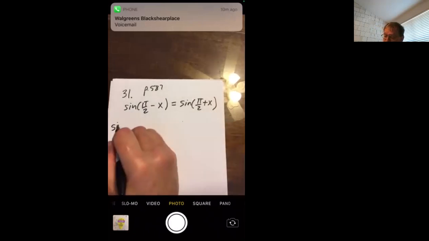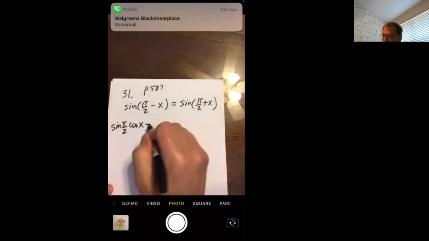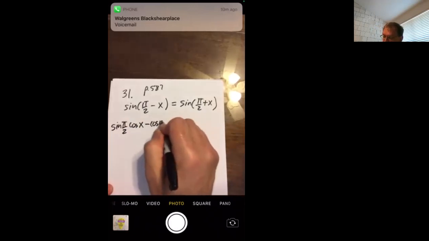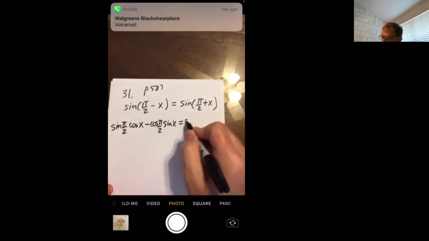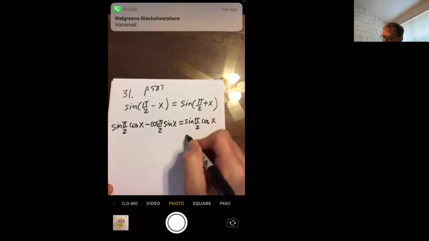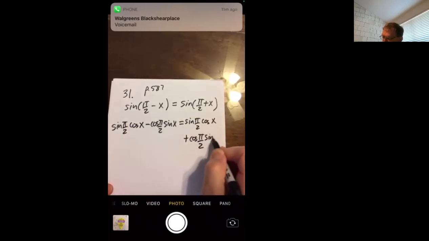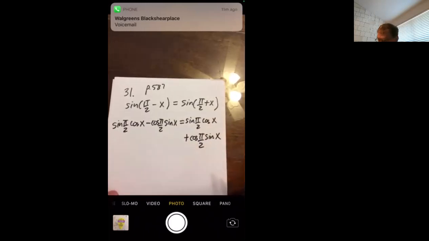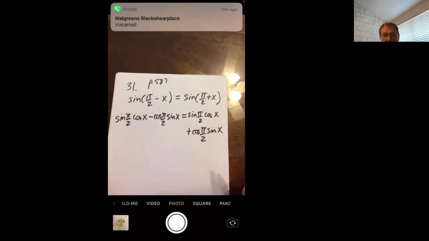So you're going to go sine pi over 2, cosine x, minus cosine of pi over 2, sine x. On the other side, sine pi over 2, cosine x, add cosine pi over 2, sine x. After a while, you get it memorized, especially after you've taught it for 32 years.